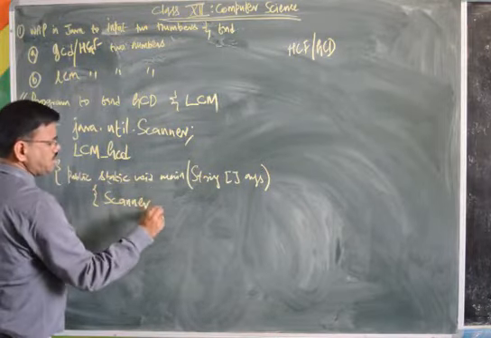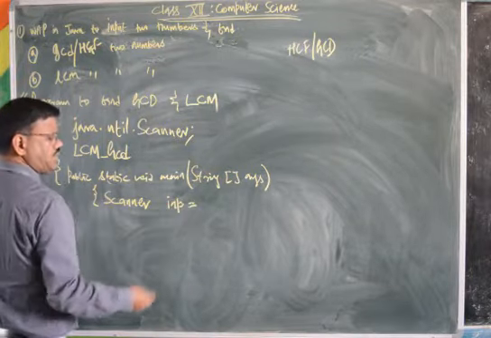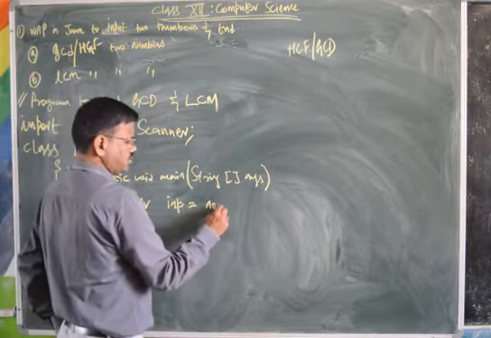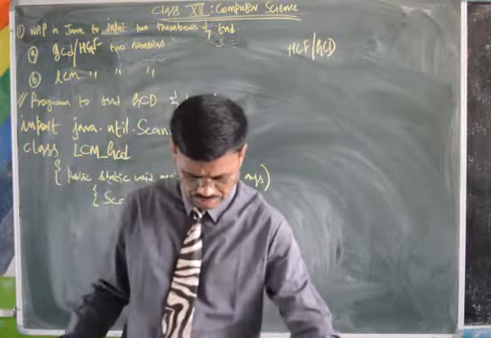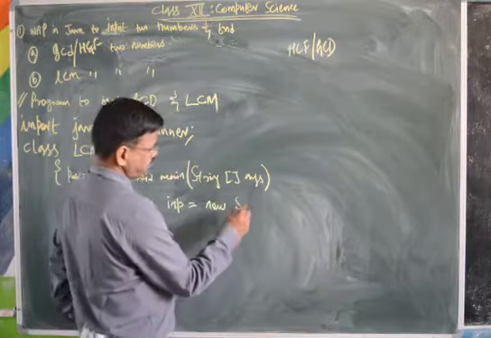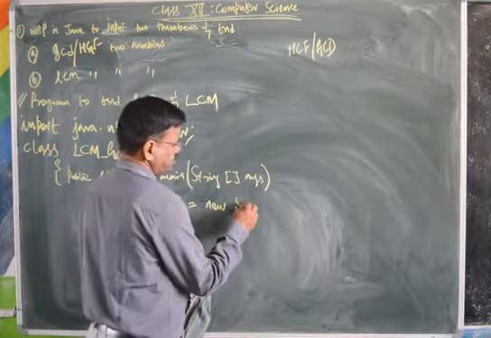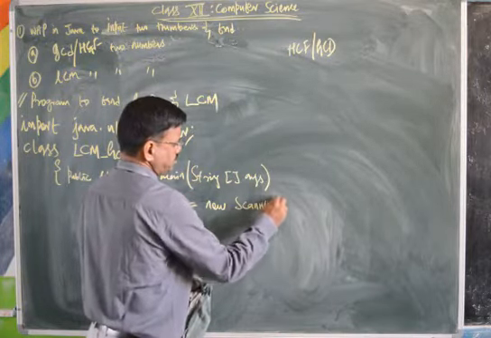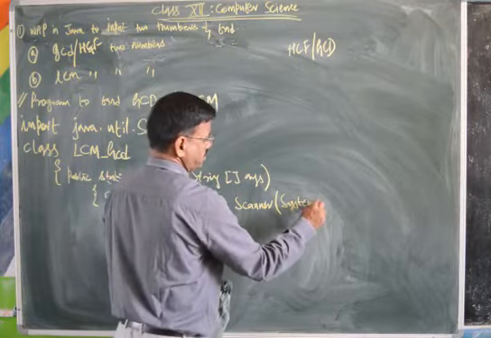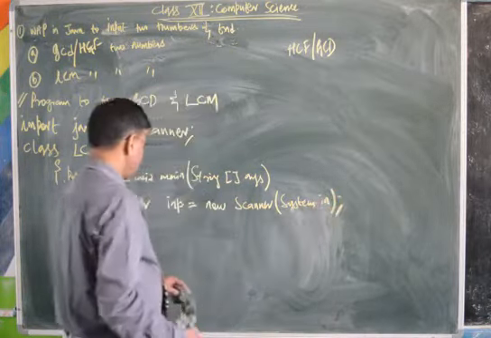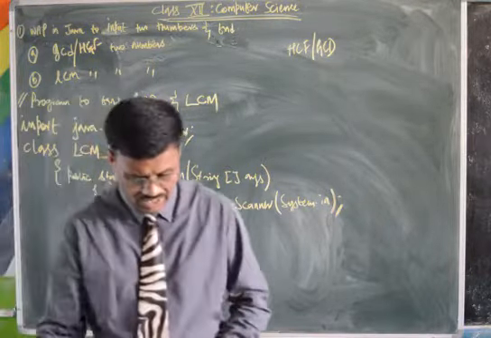This is the class name, and any object name, let's say INP, input, new. So I create an object called INP.